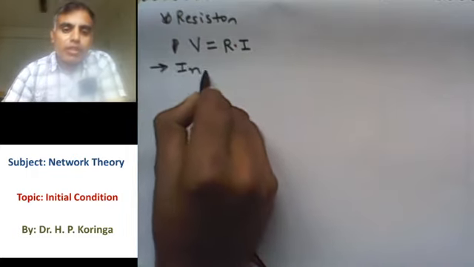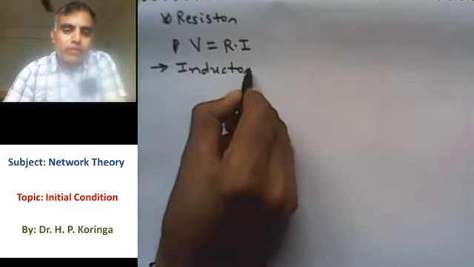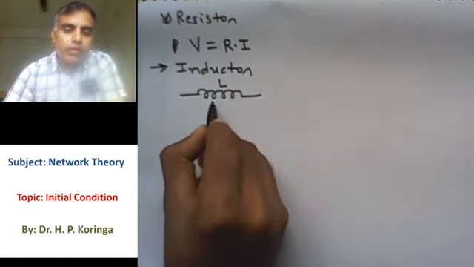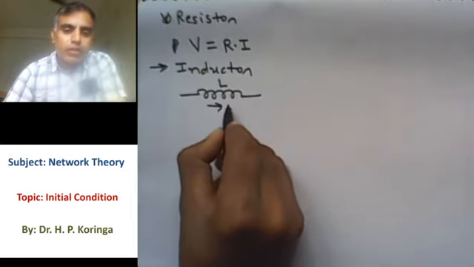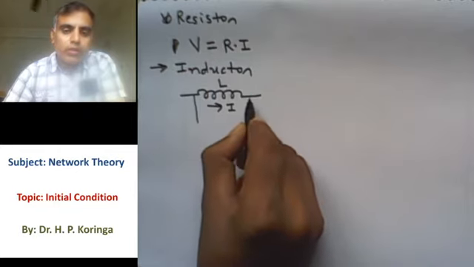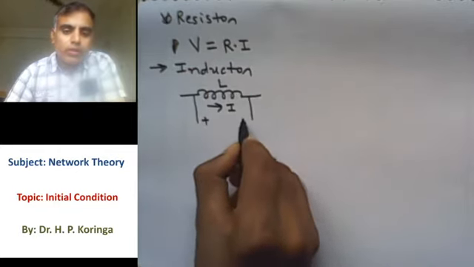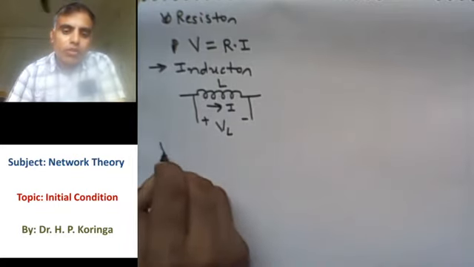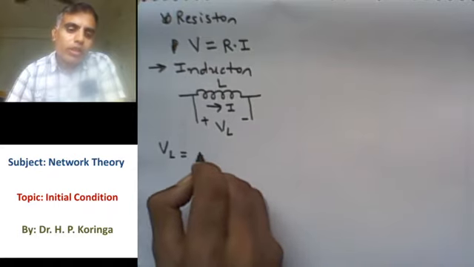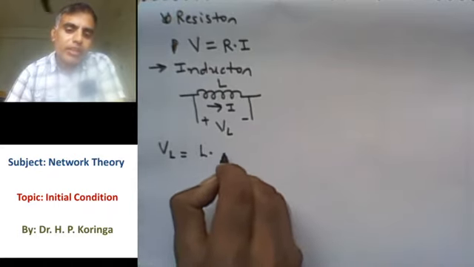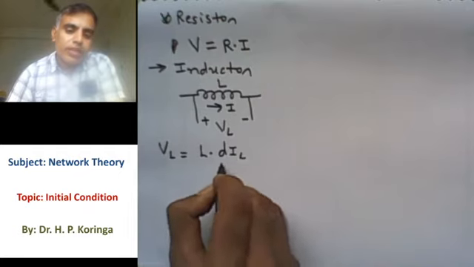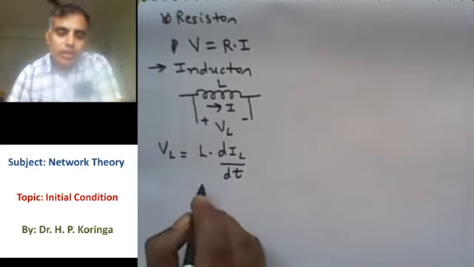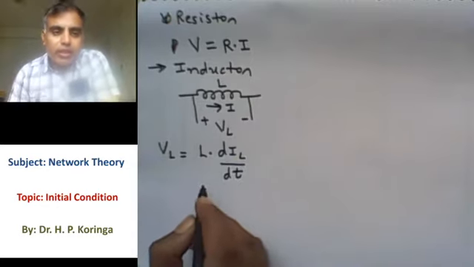So if we look at the inductor, the voltage across the inductor, according to Ohm's law, is L di by dt. If you want to find the current passing through the inductor, it can be found by integrating both sides.